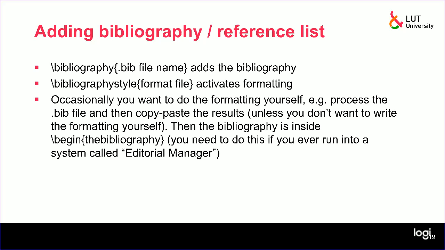Occasionally you want to do the formatting yourself, so we process that file, let it do the layout, and then check the intermediate files and copy paste the results. And then we need to put \begin{thebibliography} and \end{thebibliography} around that readily formatted thing for the main file to understand its bibliography.